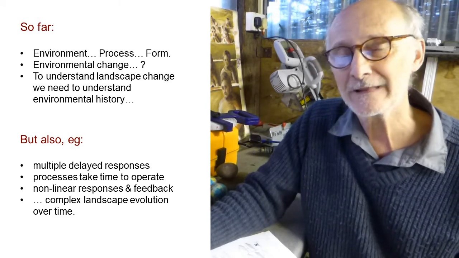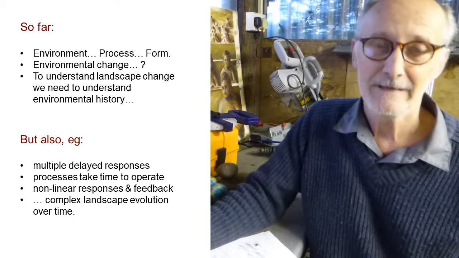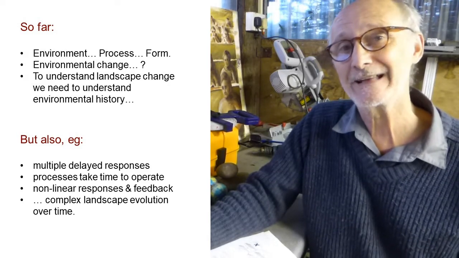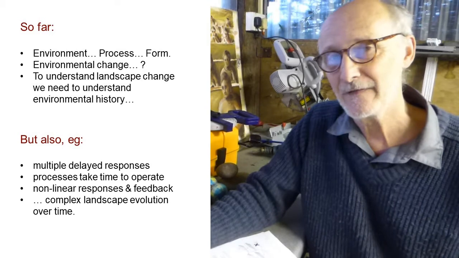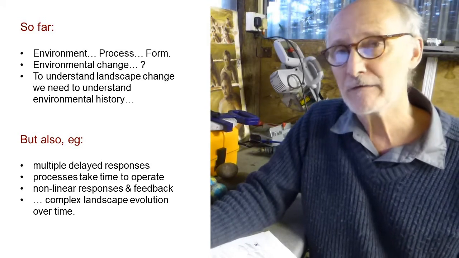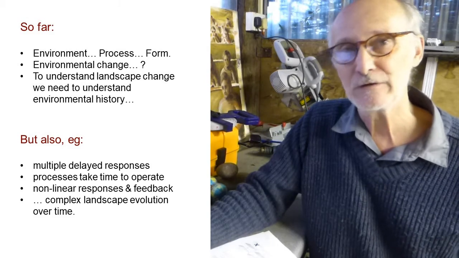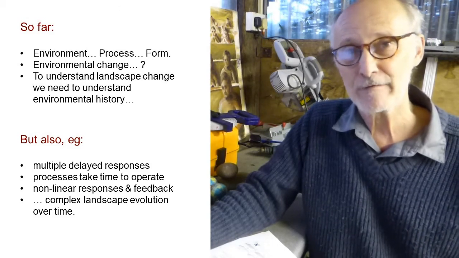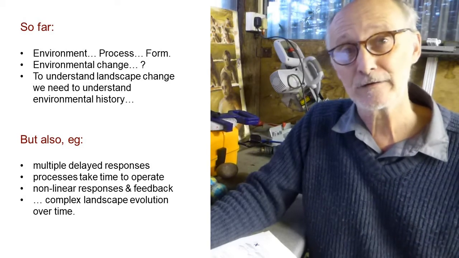For example, landscapes don't necessarily respond immediately to impulses for change. There isn't necessarily an immediate response to environmental change in the landscape, and different parts of the landscape might respond at different rates. After an initial environmental impulse for change, there might be different lengths of delay before different parts of the landscape respond to that impulse.